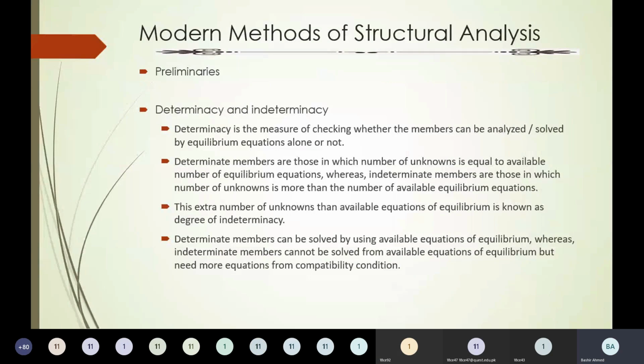There is one more term, buddies. Equilibrium equations and available equilibrium equations. Is there any difference between the two terms? I think available equilibrium equations must be written on this slide somewhere.